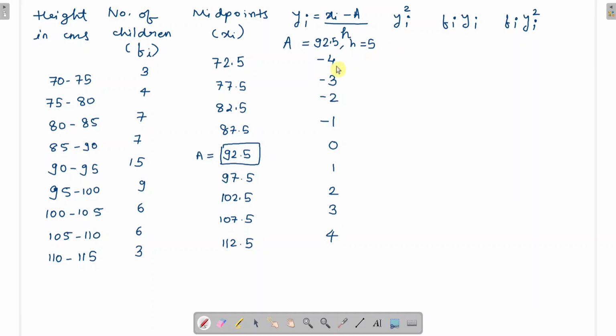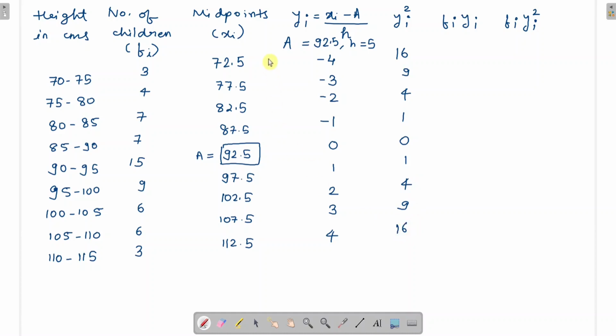Then yi square, so the square of these: minus 4 square is 16, minus 3 square is 9, minus 2 square is 4, minus 1 square is 1, 0 square is 0, 1 square is 1, 2 square is 4, 3 square is 9, 4 square is 16.